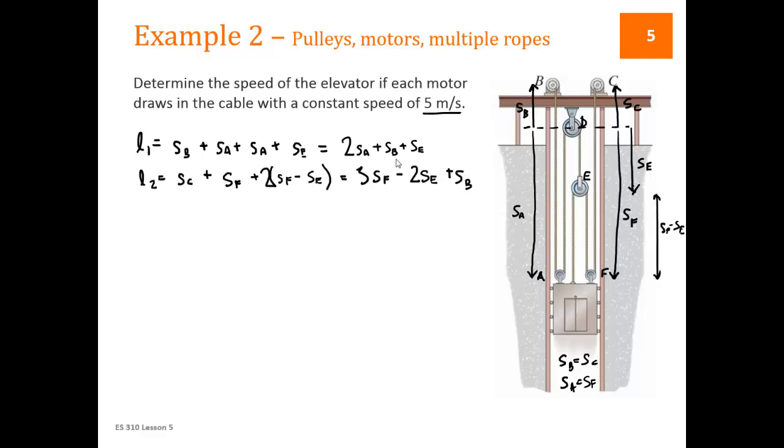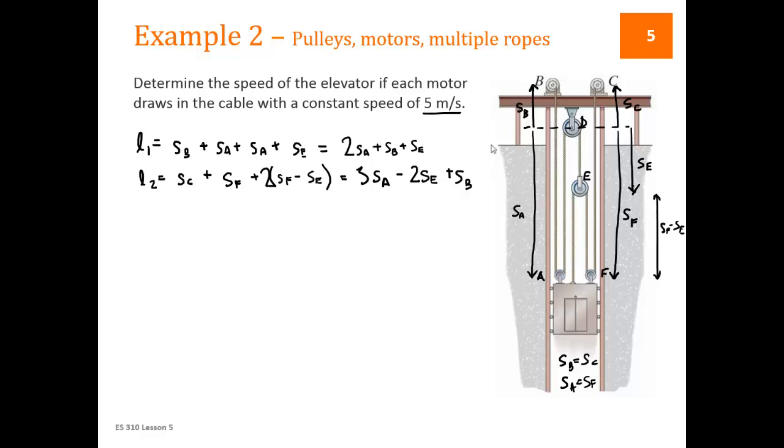So now if we look at our numbers or variables, SF is the same as SA. All right. So we've got SA, SB, and SE, 3 variables. So we're going to combine these 2 equations to get us to one equation with 2 variables. The 2 variables we want are going to be SB and SA, right?